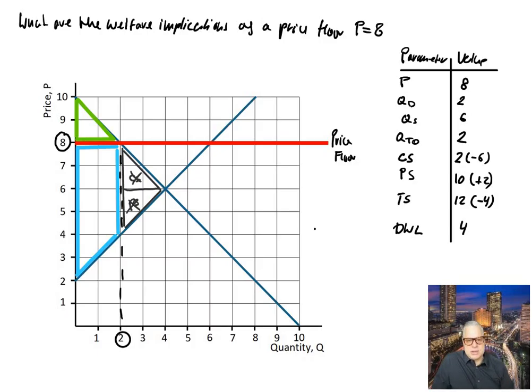So the farmers are given a higher price, and the idea is to make the producers of milk better off. And we can see that works, because the producer surplus is 10, which is an increase of 2. But at the same time, the consumers lose much more, because they lose 6. So that's why it's a negative sum game.